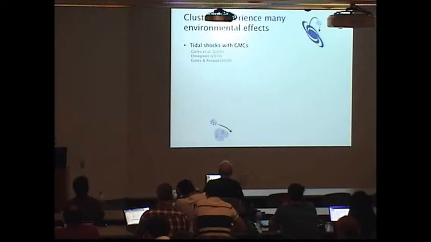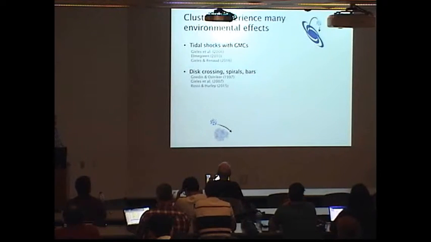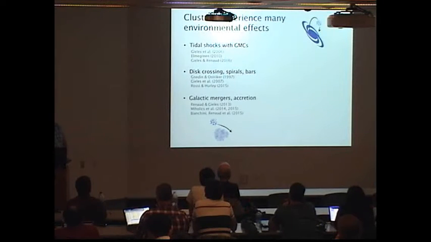You can see the effect of tidal shocks with giant molecular clouds when the cluster passes by a GMC. You can have a look at the effect of disk crossing, compressive shocks when the cluster goes through the disk, across the spiral arms, next to a bar. You can see the effect of galaxy mergers, the accretion into galaxies from a satellite, for example.